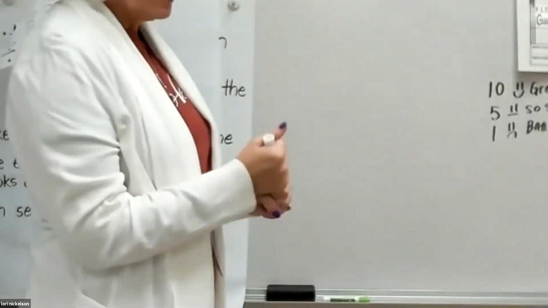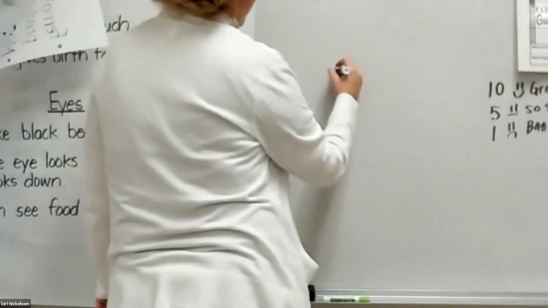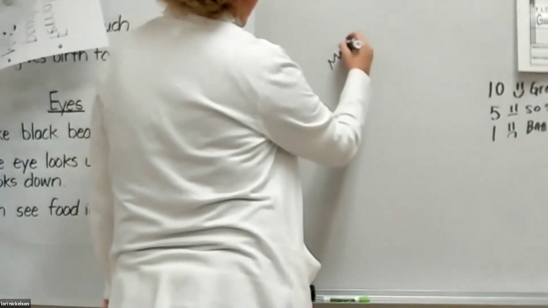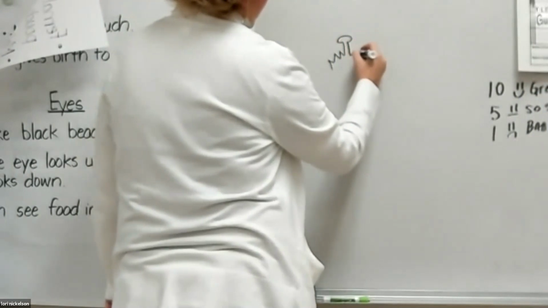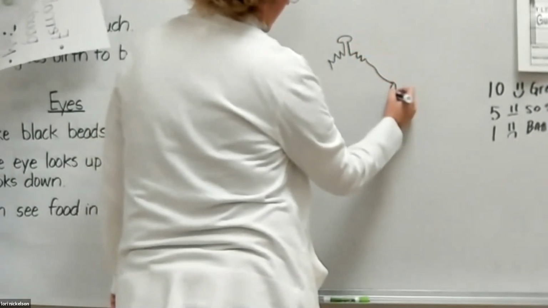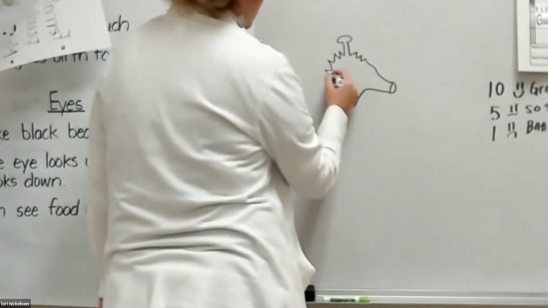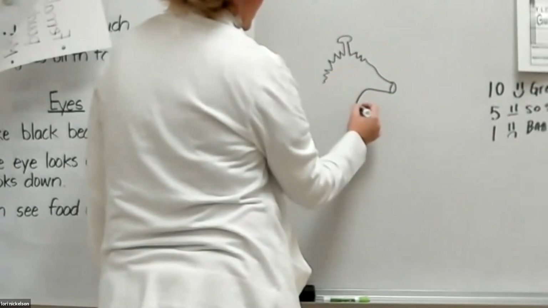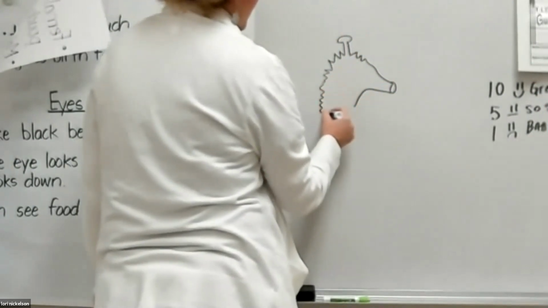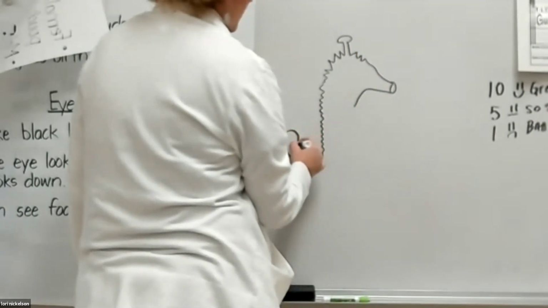All right. It says a head like a horse. Okay, there's my head like a horse. Then it says it has a tail like a monkey.